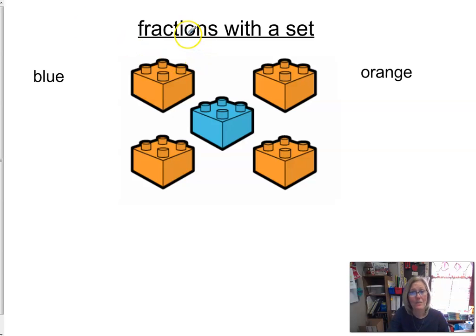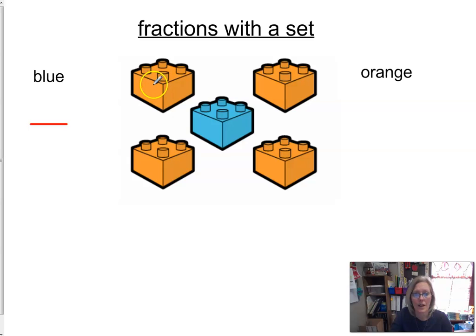We also talked about fractions with a set. So I have a set of objects here, a set of Legos. So I have blue Legos, orange Legos. If I wanted to write the fraction for the blue Legos, well, first of all, I always start with my denominator, so I want to know the total amount.